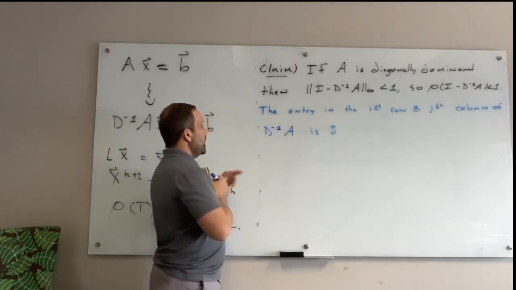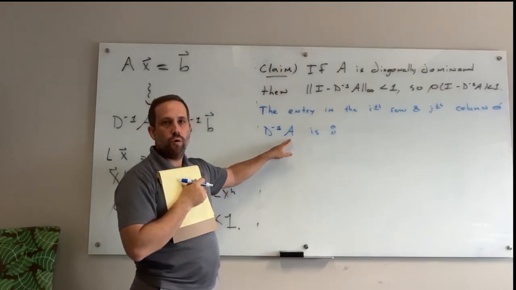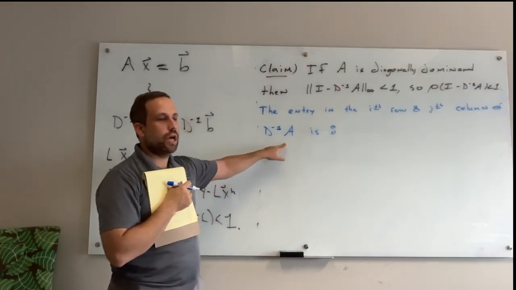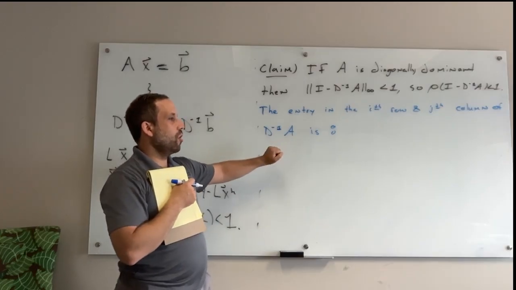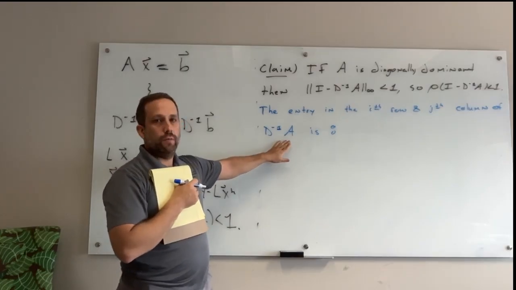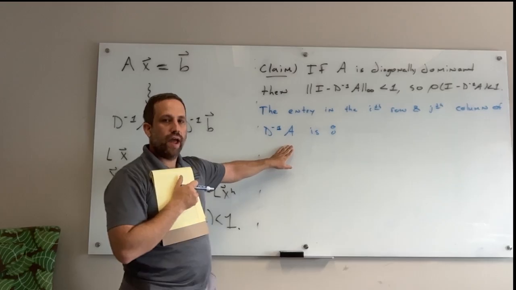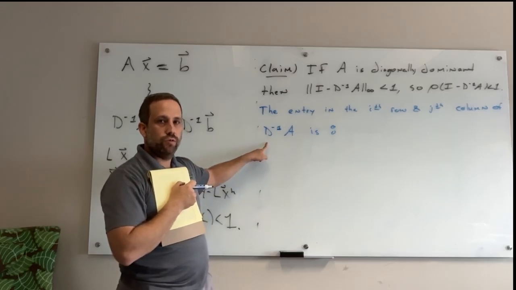So if I'm looking in the jth column of D inverse A, I'm going to be thinking about D inverse times the jth column of A. Well, this matrix is almost all zeros.